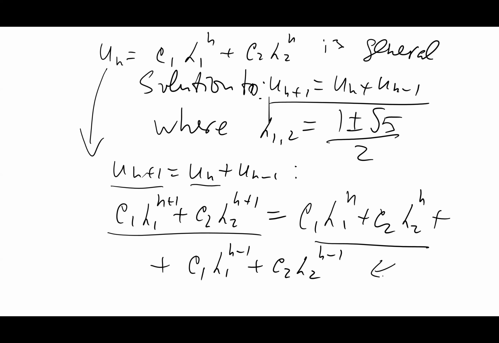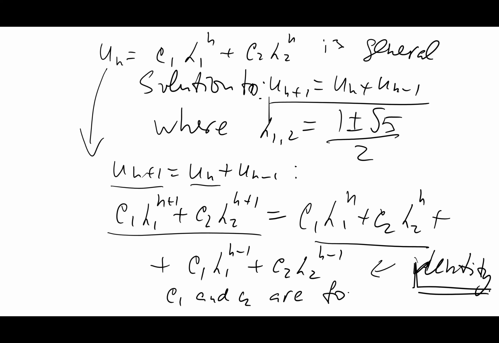So you can check it, it's an identity. Therefore, we found the analytic solution for this. And the last thing to mention: c1 and c2 are found from u0 and u1, from initial conditions.